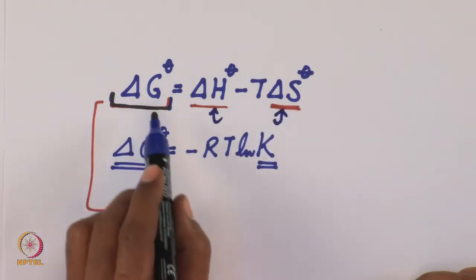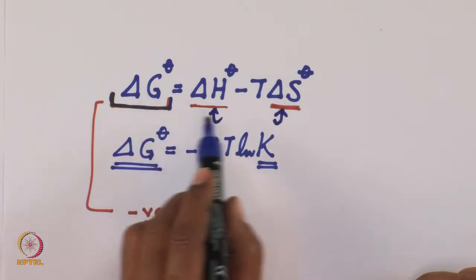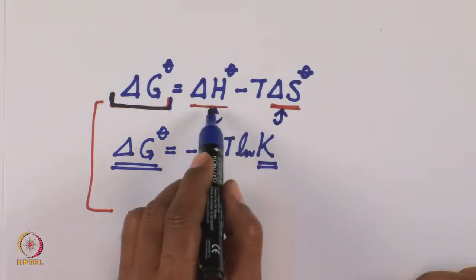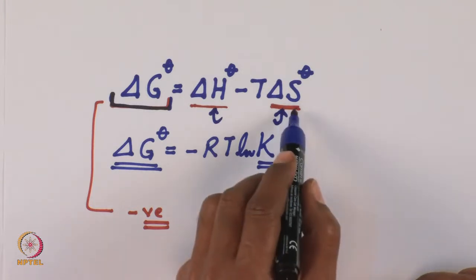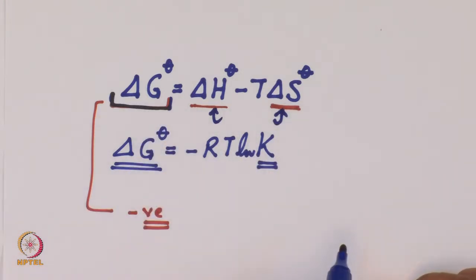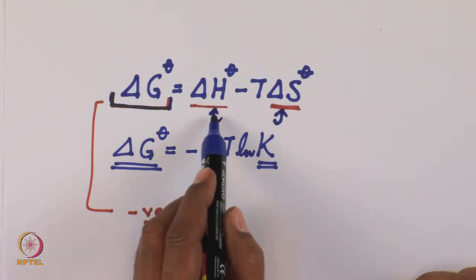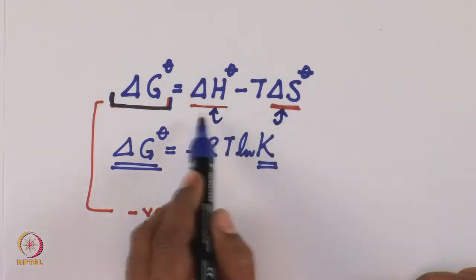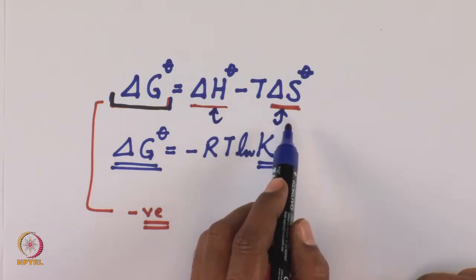If we want to have a more negative value of delta G naught, delta H naught, if it is more negative, that will support, and if delta S naught also becomes more positive, that will also support. That means the binding affinity can be engineered either by making the interaction more exothermic or a combination of exothermicity and a lot of entropy generation.